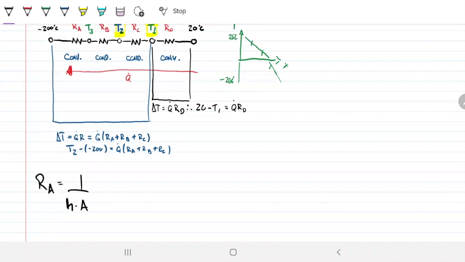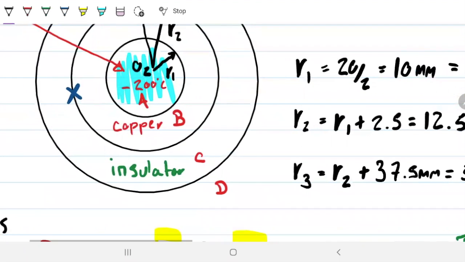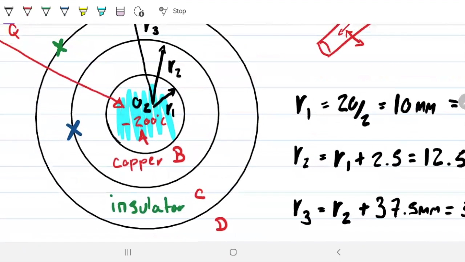In this case, 1 over the h for the oxygen, which is 120. And the area for the oxygen is the area in contact over here, so this area over here. So the area in which O2 and the copper are in contact. Note how this is important for you guys to understand, because it's the resistance on the interaction between fluid and solid.